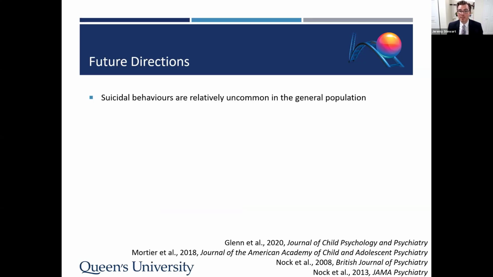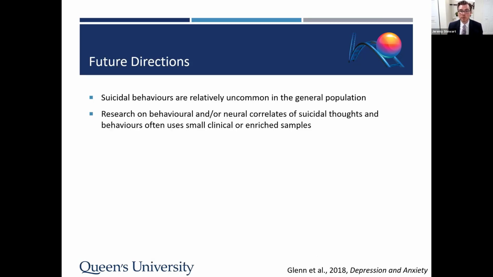Suicidal behaviors, of course, have low base rates in the general population, and so studies require very large sample sizes to conduct the complex and detailed research that we need to inform prevention. Because of this, most research investigating behavioral and neural correlates of suicidal behaviors in particular uses small clinical samples in which the rates of suicidal behaviors are much higher, or they enrich smaller samples by oversampling for suicidal behaviors like we did.